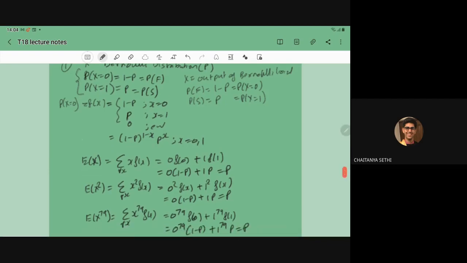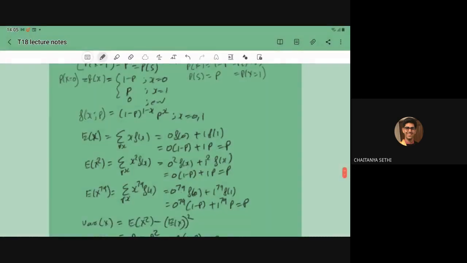In closed form, with parameter p, where small p is the probability of success in a Bernoulli trial, this can be written as (1 minus p) to power (1 minus x) times p to power x, for x equal to 0 and 1. When we put x equal to 0, it gives (1 minus p) to power 1 minus 0, that is 1, and p to power 0 is 1, so it gives 1 minus p. The same thing, when x is equal to 1, it gives p.